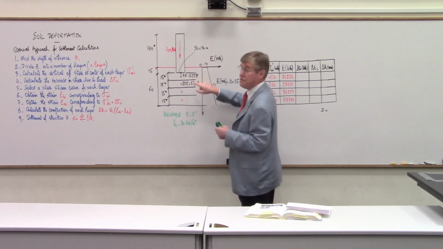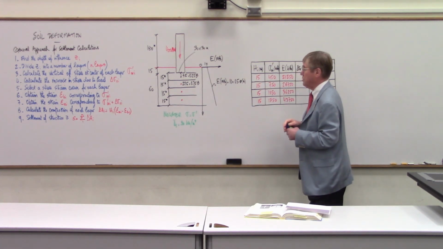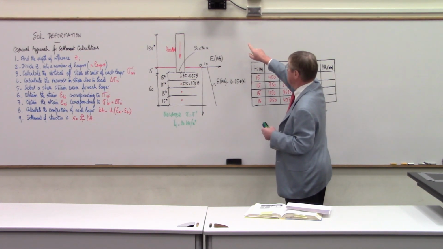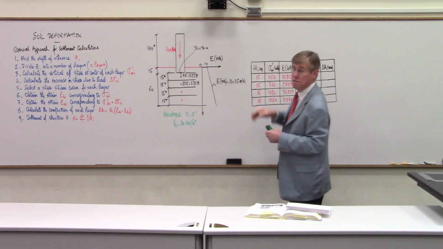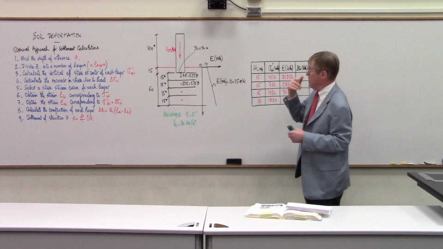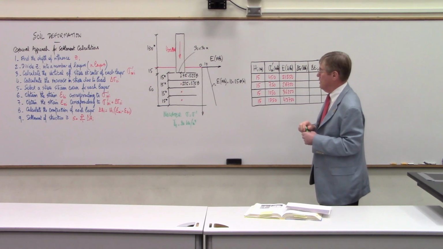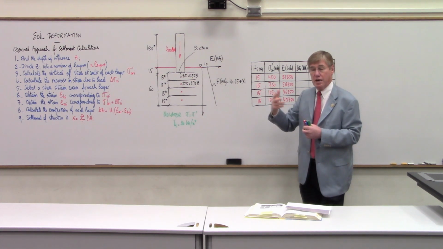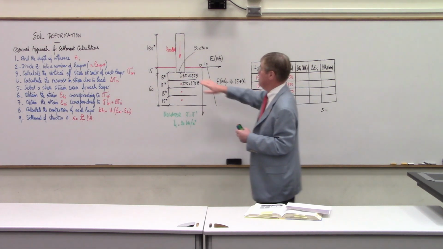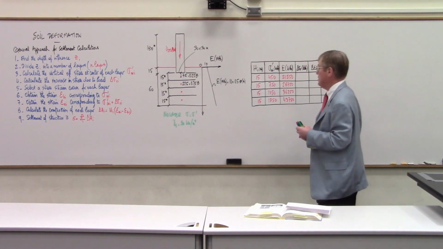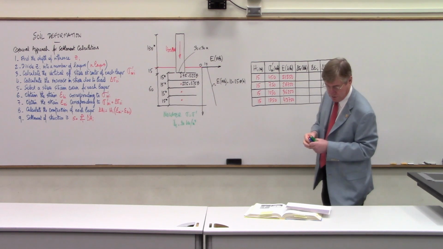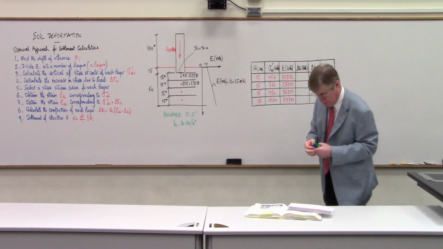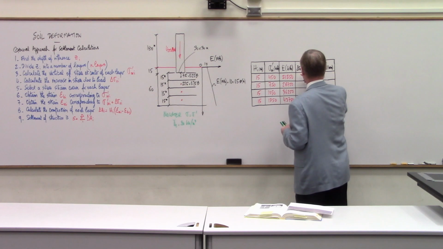So that would be 0.25 B, the 1/4 of B. So on the left side of the bulb pressure, I would go down to 0.25 B. I would read across under the center of the foundation, and that would give me the actual number that I would have to multiply by the pressure under the building, and that would give me the increase in stress. So I did that, and that gave me 378.